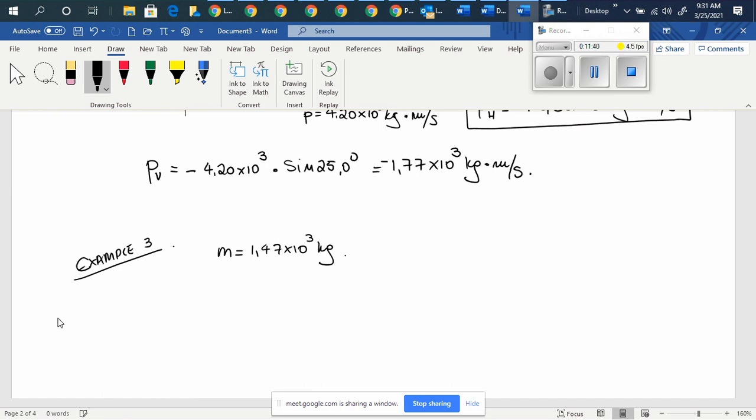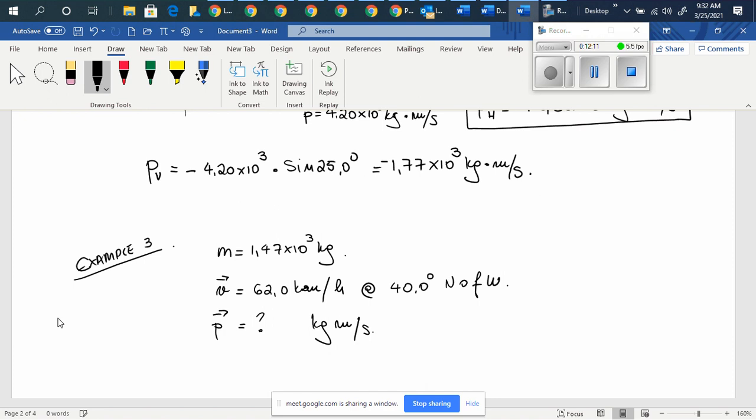And then you have the velocity of it moving with 62.0 kilometers per hour at 40 degrees north of west. And again, what we will do is we will find the momentum of the car in kilograms meters per second, and then we will find the horizontal component and the vertical component of this momentum.